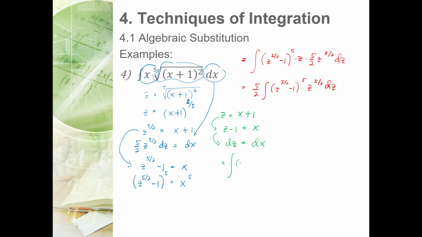The first term is now (z minus 1) to the power of 5, and then the fifth root of (x plus 1) squared, where x plus 1 is now z, so z squared. It looks easier now. Then dz is just dx.